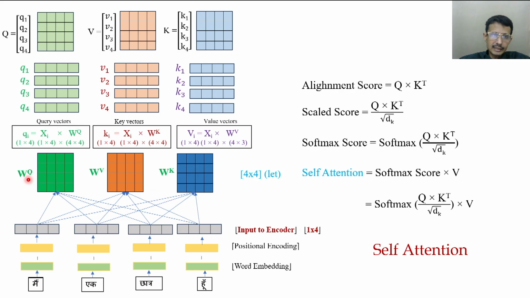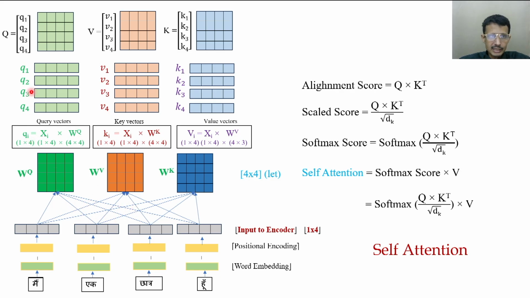There is some WQ matrix, WV matrix and WK matrix corresponding to the query vector, the key vector and the value vector. So it is a query matrix, a value matrix, or a key matrix. The words or tokens are multiplied with these in a fully connected way.